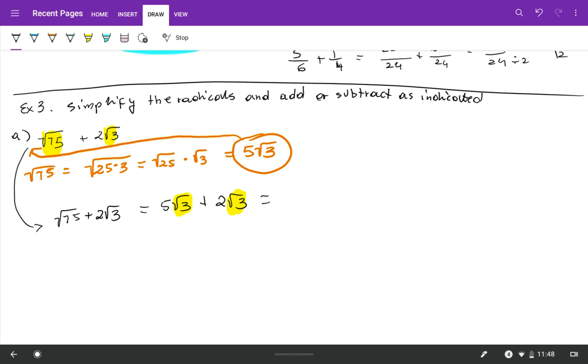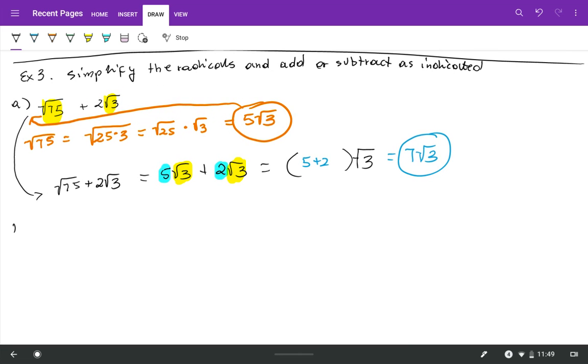So use the distribution property. Move radical of 3, which repeats, outside of the parenthesis, and add only the coefficients. So we have 5 plus 2. That will give us 7 radicals of 3. Okay, so we simplify radicals first and then we can add them.